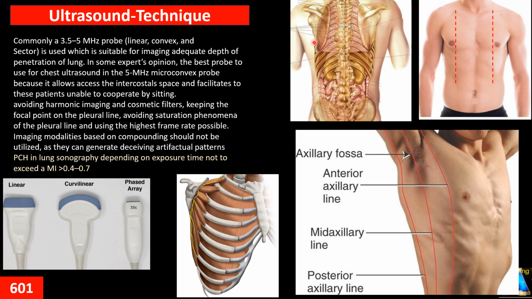And based on that, we divide each area into upper and lower, or superior and inferior parts. So each side 6 spots, total 12 spots we scan. But in some other situations, maybe we need more. Some places use 16 spots, some places use 18 spots, but generally 12 spots is a general and acceptable protocol for scanning.